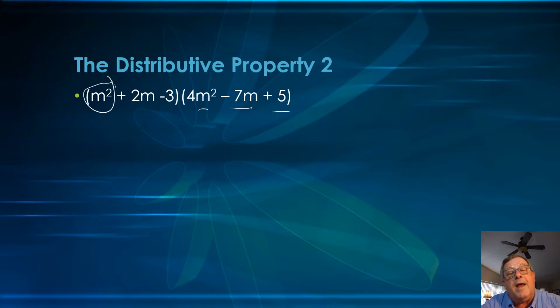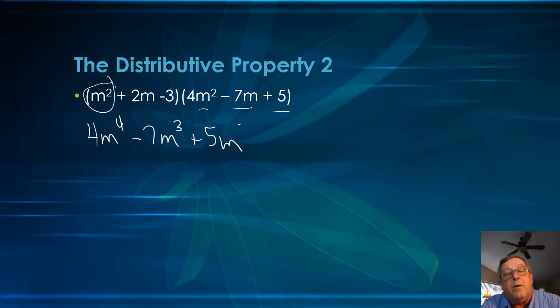So m squared times 4m squared is 4m to the 4th. And m squared times negative 7m is negative 7m cubed. Remembering when we multiply exponentials, we add the exponents. And then lastly in this line, we've got m squared times 5, or 5m squared.